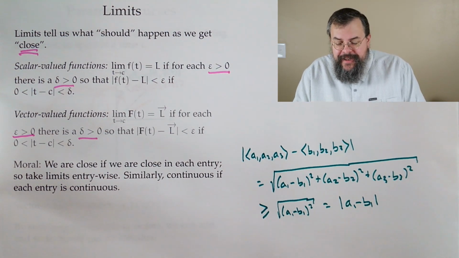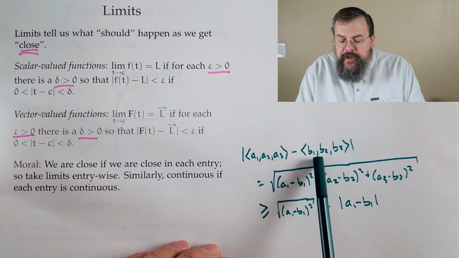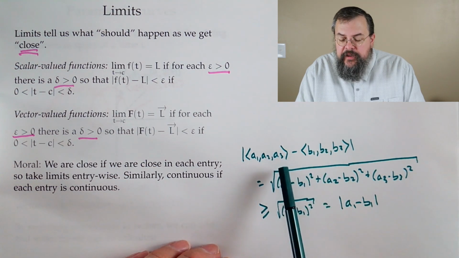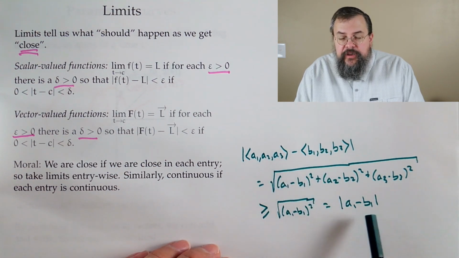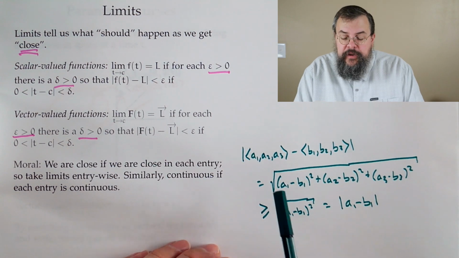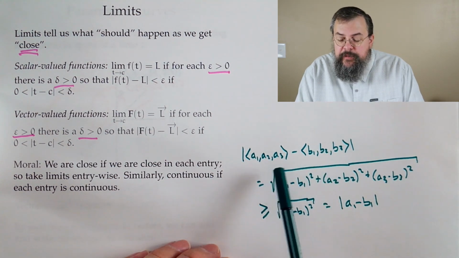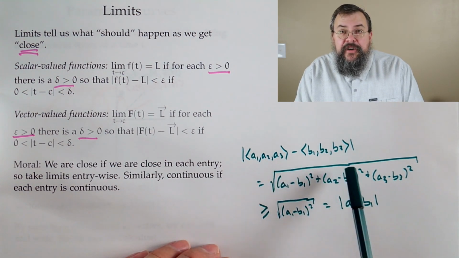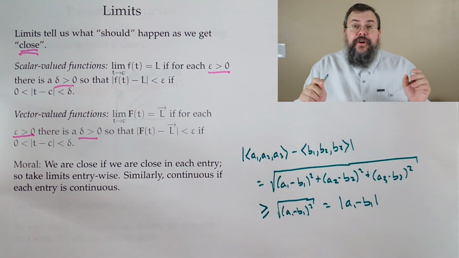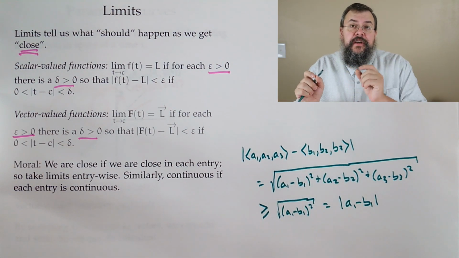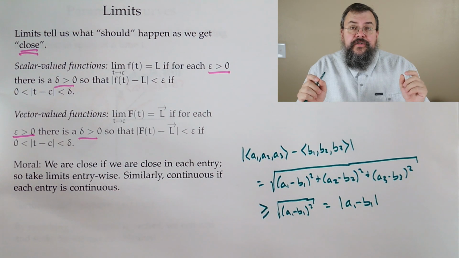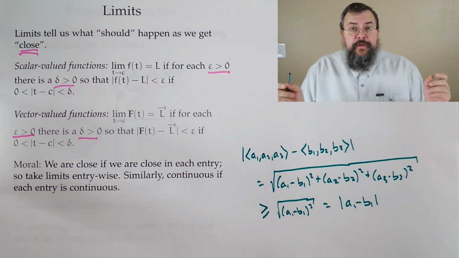What is this saying? Well, it says that a measurement of how close these vectors are is bounded below by how close they are in the first entry. Same argument, though. It's bounded below by how close they are in the second entry. It's bounded below by how close they are in the third entry. So if some entry of these pair of vectors is not close, then the two vectors can't be close.